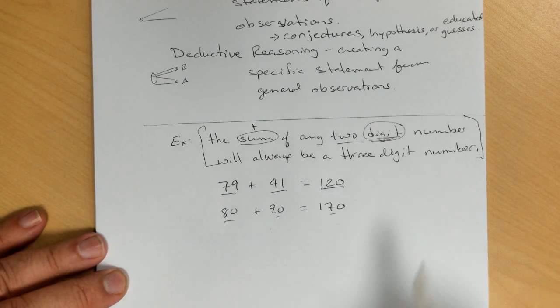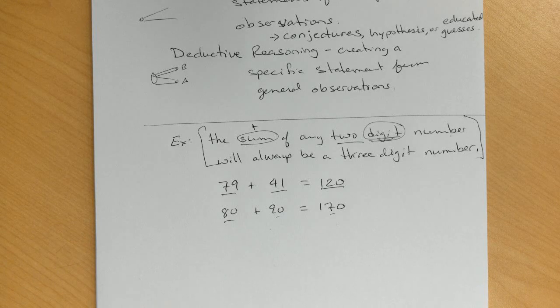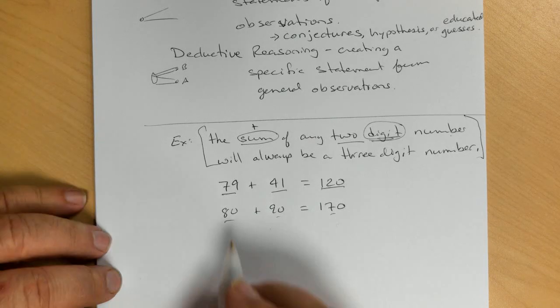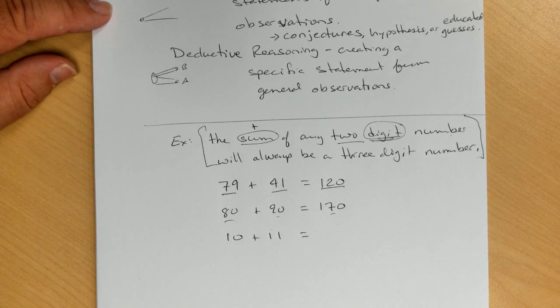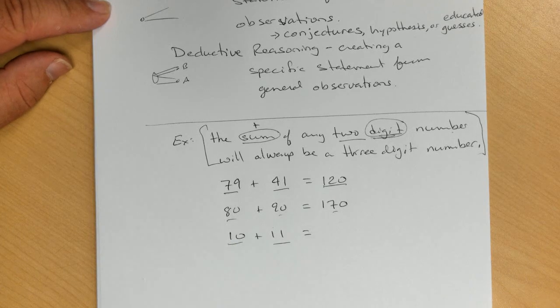Okay. Digits are digits. You can't have 0.5 of a finger. How about 10 plus 11? These are 2-digit numbers. That equals, is that a 3-digit number?